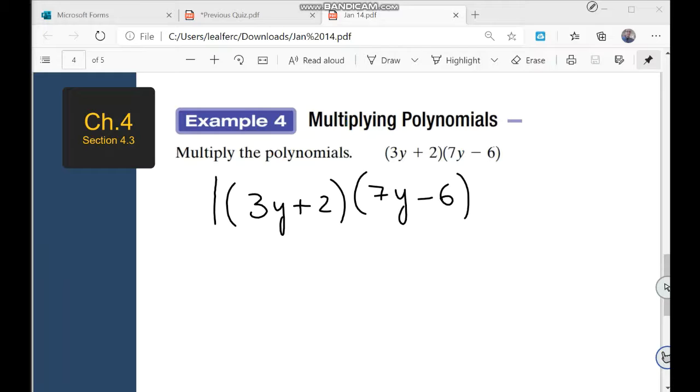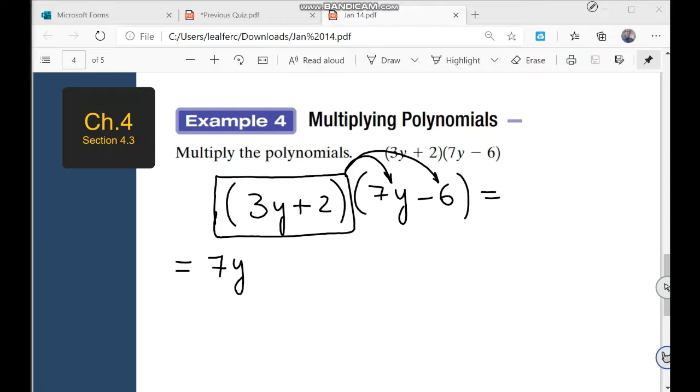The first thing you have to do, you get this polynomial, this whole thing, and you're going to distribute inside the next polynomial for each term. You're going to do like this, okay? So this equals 7y times 3y plus 2 minus 6 multiplied by 3y plus 2.